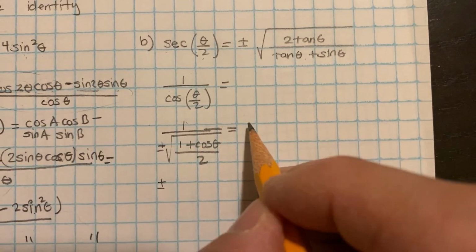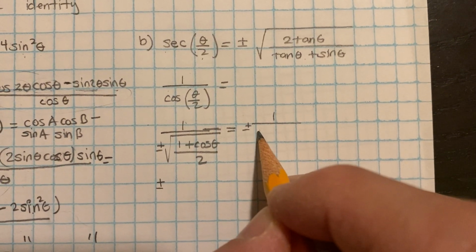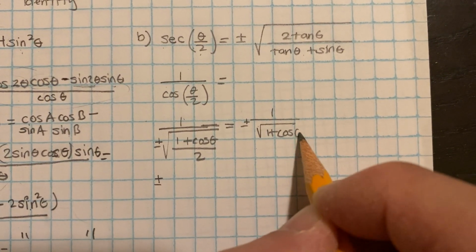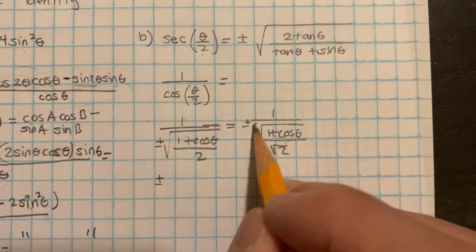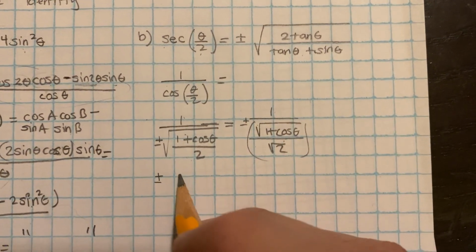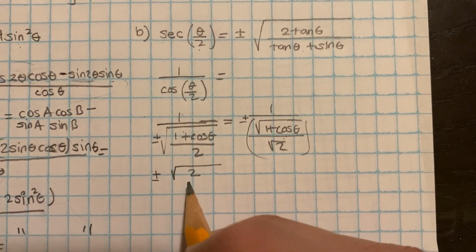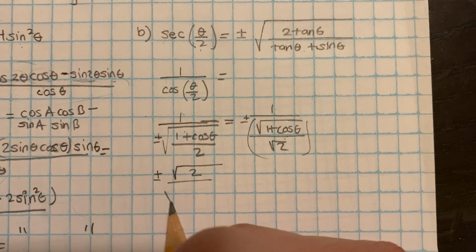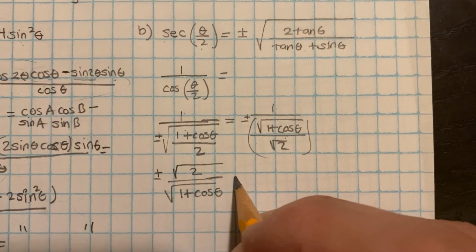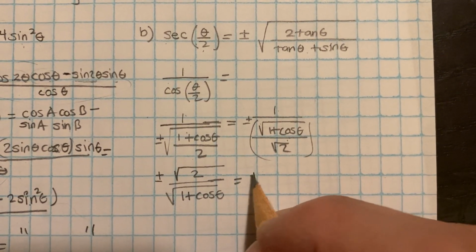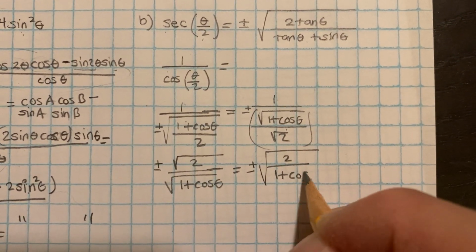Okay, so if you're not quite sure why that is, if I rewrite it like this, plus or minus, if I split up the radical, 1 plus cosine of theta, remember you can use your radical rule, split up the numerator and the denominator, 1 over this just gets flipped, so it actually becomes root 2 over the square root of 1 plus cosine theta, which is just the same thing as plus or minus root 2 over 1 plus cosine theta as a single radical.